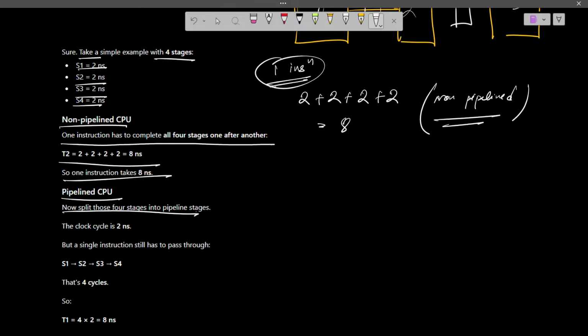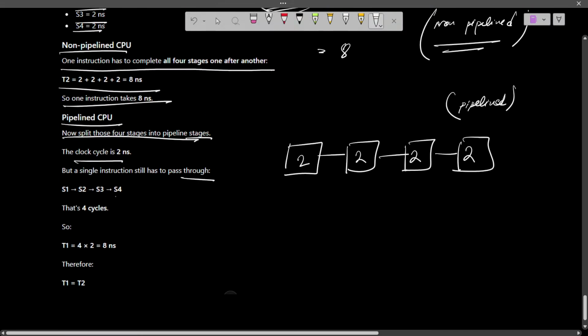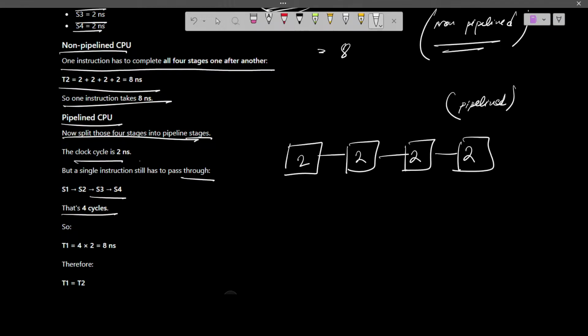The pipeline CPU now splits the 4 stages into pipeline stages, but a single instruction still has to pass through those 4 cycles. The clock cycle is 2 nanoseconds, the slowest stage, and 2 is the slowest one.